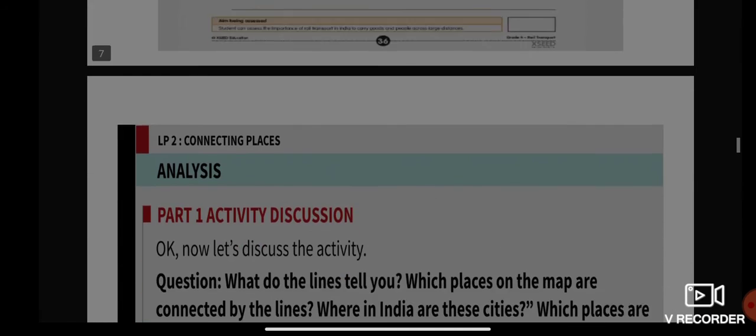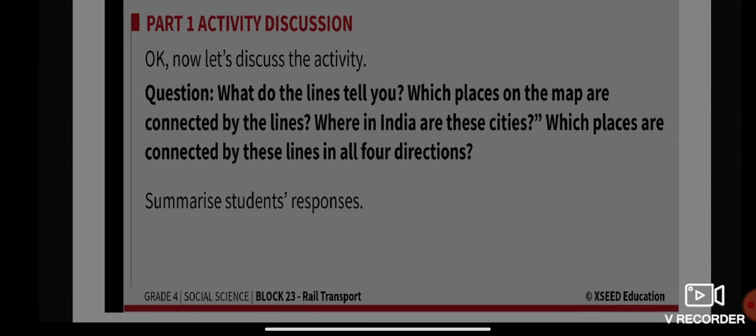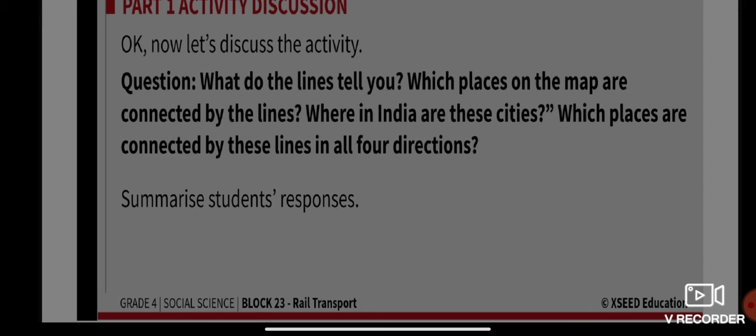All right, I'll leave it to you. Moving ahead with our discussion, what do the lines tell you? Which places on the map are connected by those lines? Where in India are these cities located? Which places are connected by these lines in all four directions?